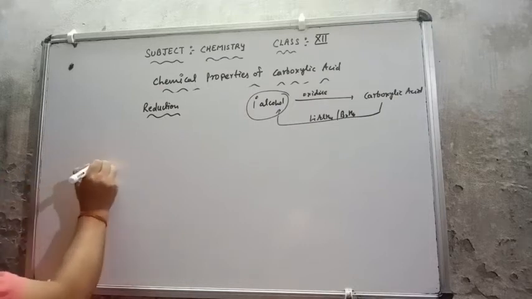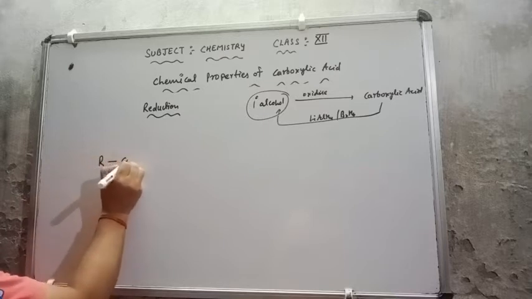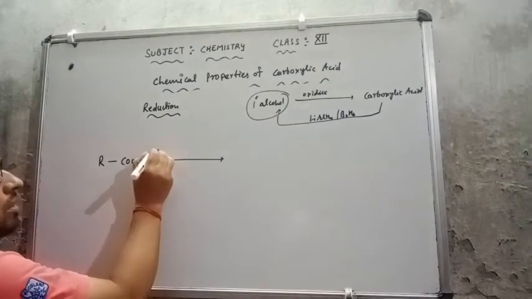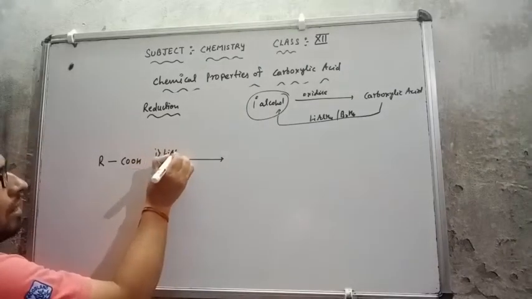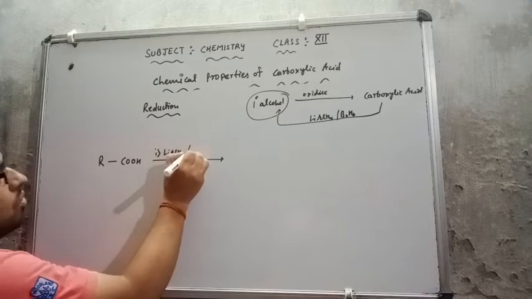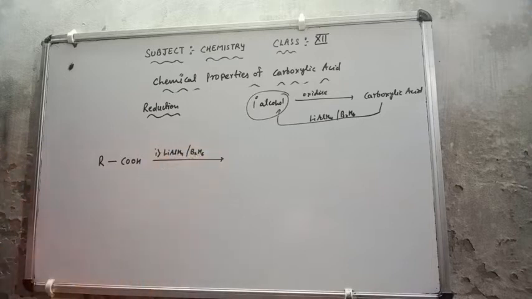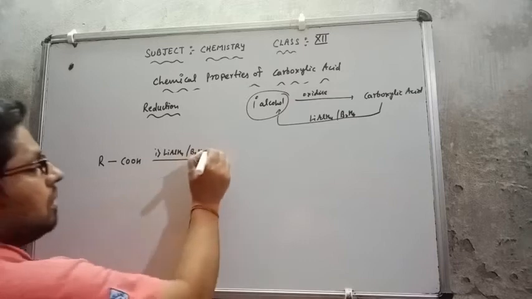How will it happen? The reaction you can see: RCOOH is going to be reduced in the presence of LiAlH4, or you can take B2H6, diborane, in the presence of ether.